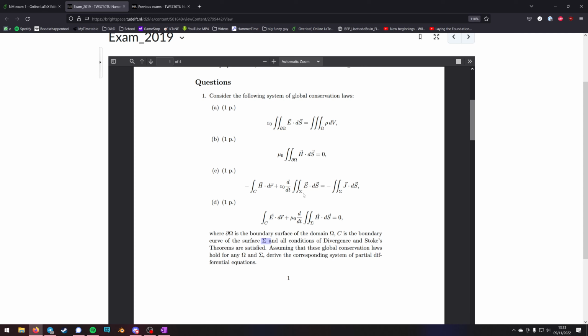I don't think we have had this per se, but we might be able to figure the math out because it's probably similar to the boundary surface of a domain. It makes sense, it's like 3 years ago. But we'll give it a try.